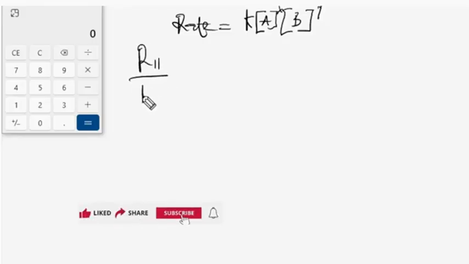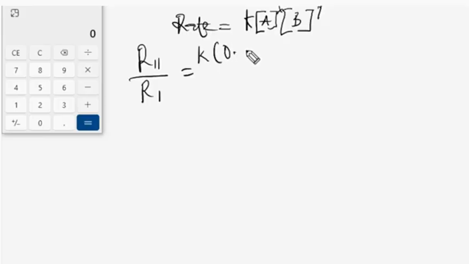So if we take the ratio of equation 2 to that of 1, you're going to have R2 over R1 to be K times concentration of A with respect to R2, which will be 0.20, and this will be raised to the power of X, don't forget this.